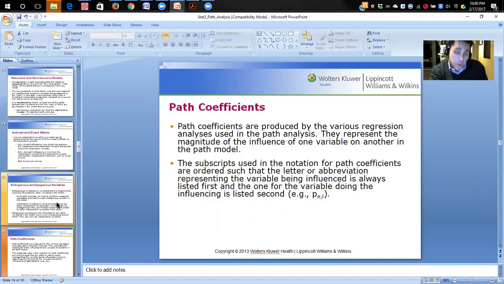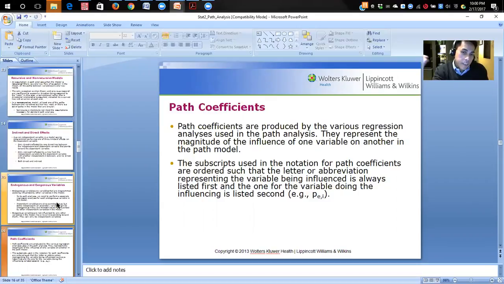Path coefficient is expressed as P and then E comma I, which means that the variable being influenced is listed first, and the variable doing the influencing is listed second.